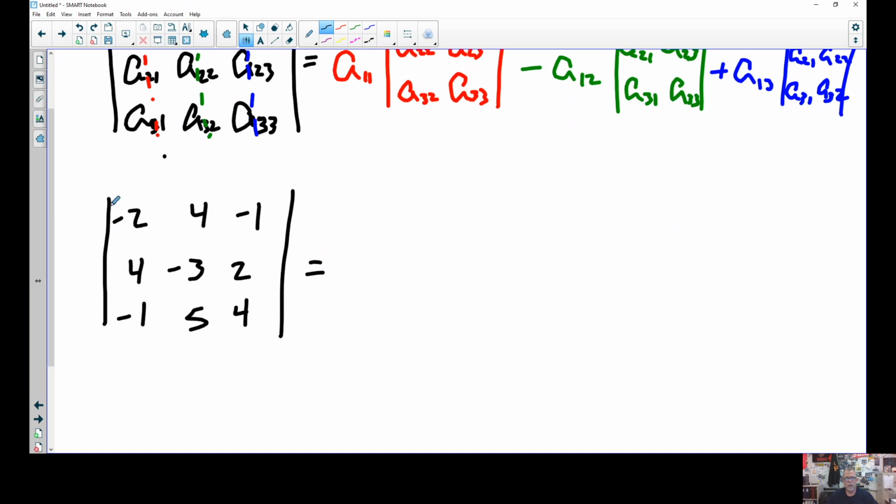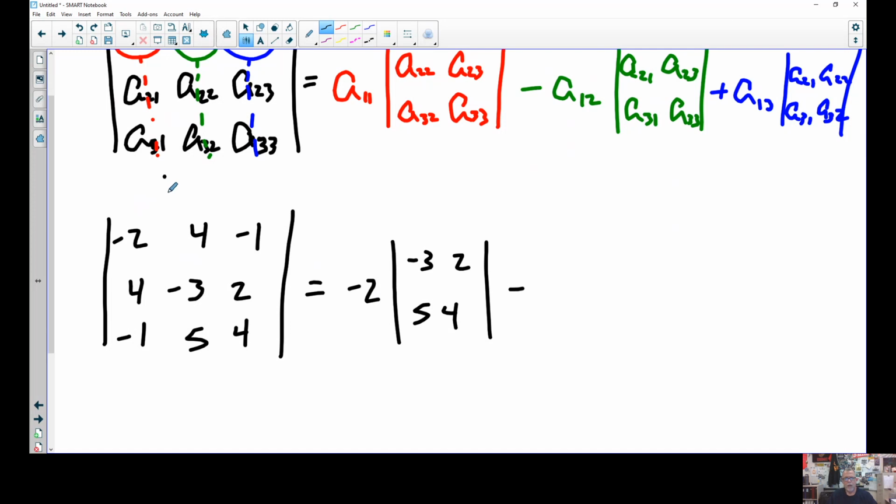Well, I have to start with this one here, -2 times the determinant created by getting rid of this row, this column. So it'd be -3, 2, 5. And then we do minus, always minus for the second one, just like you see up here.